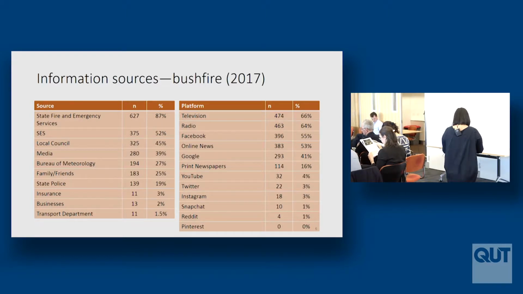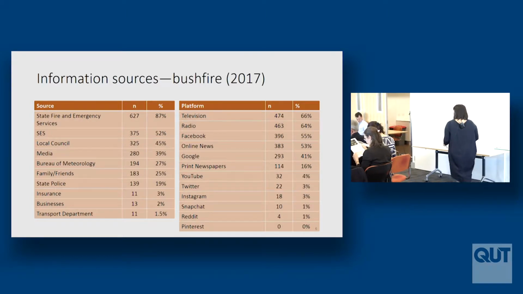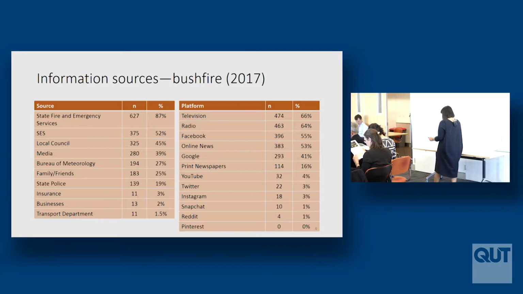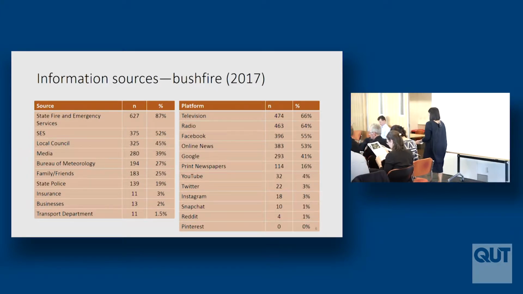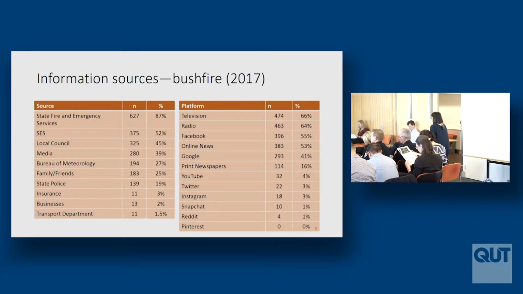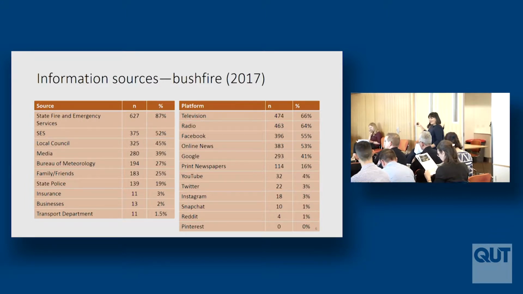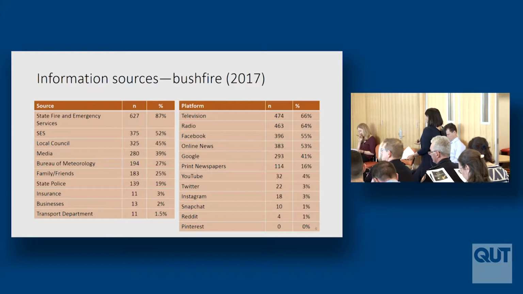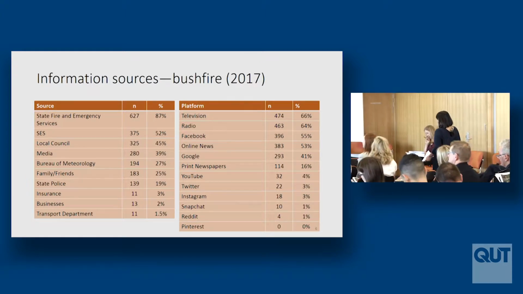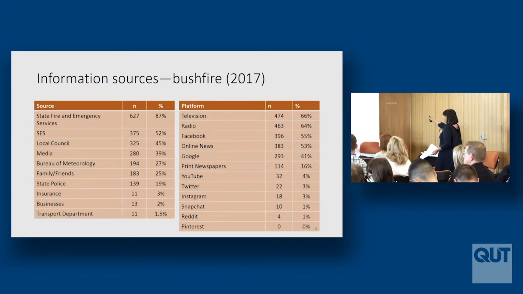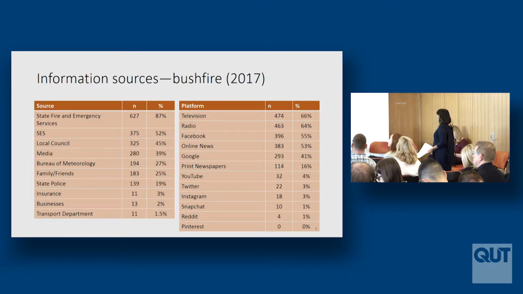So the sample of this was 721 participants for bushfires. There's probably nothing too unusual here, except in some cases we thought family and friends would be higher, but it doesn't seem to play out that way. And television is a really important go-to platform for these participants.